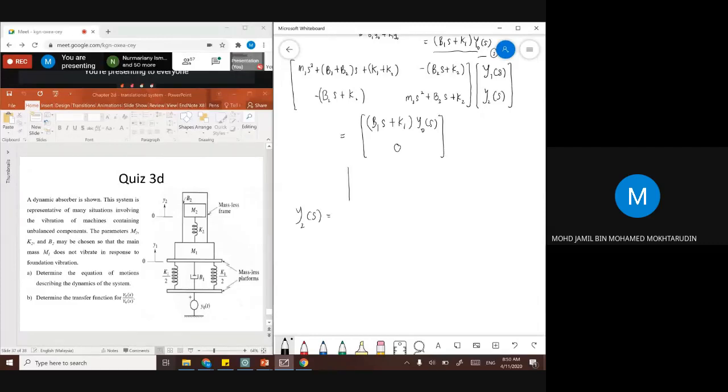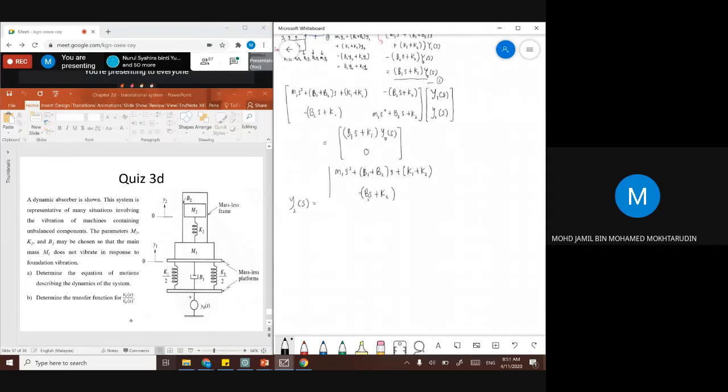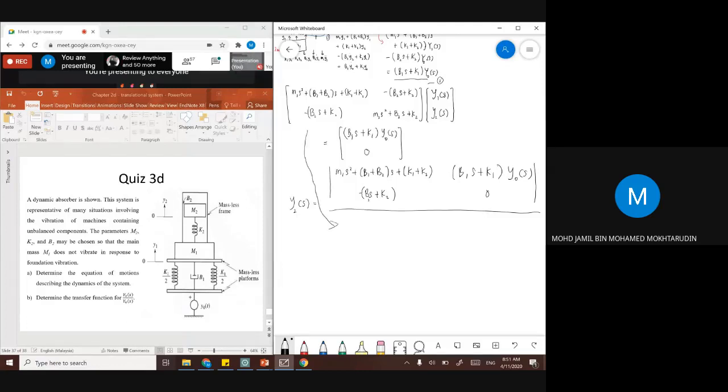So y2 equals the determinant of M1 S squared plus ..., divided by the original determinant.